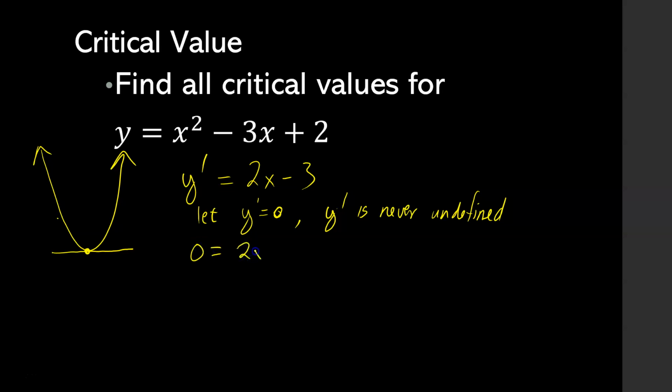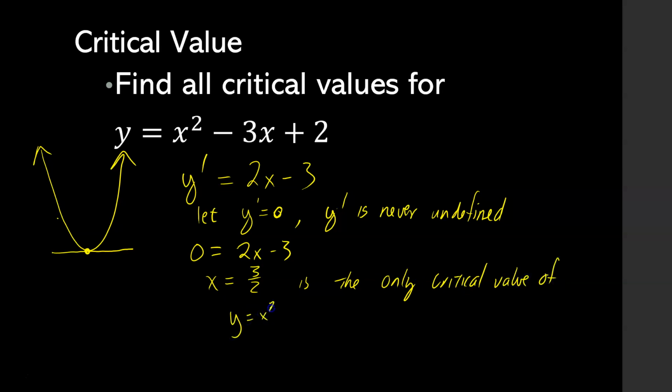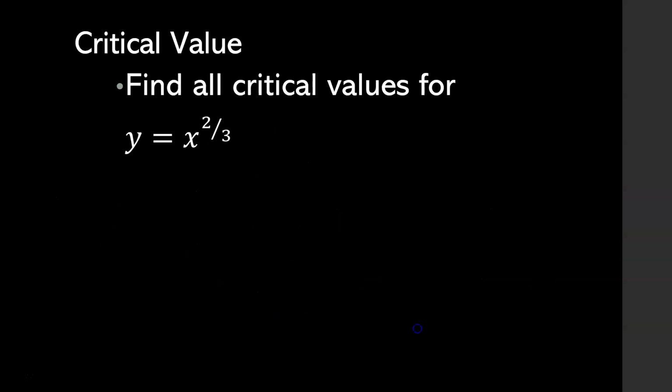So 0 equals 2x minus 3, and x equals 3 over 2 is the only critical value of y equals x squared minus 3x plus 2. Pretty easy. That's the first step, is finding critical values.